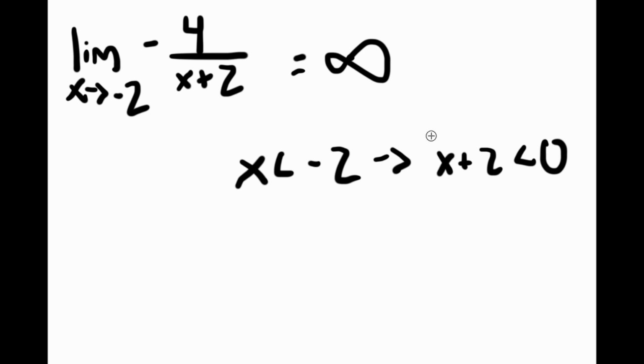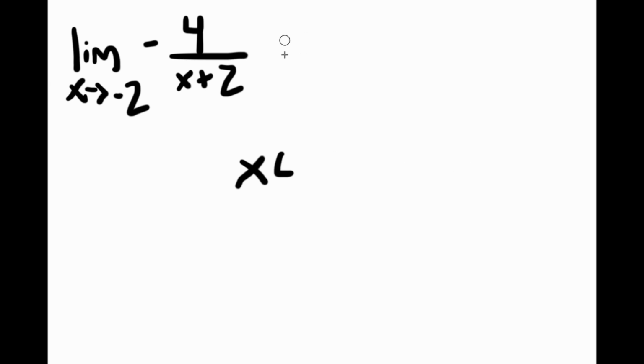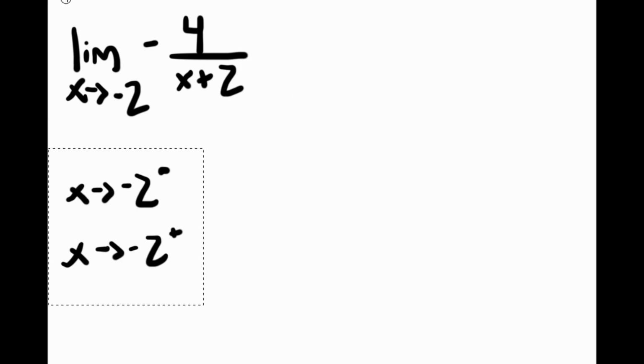Because the limits are not the same on the left-hand and the right-hand side, that means the general limit does not exist. But let's do a graph for this function specifically.